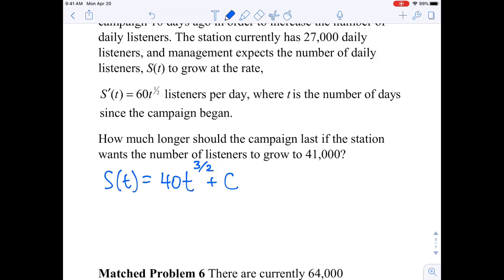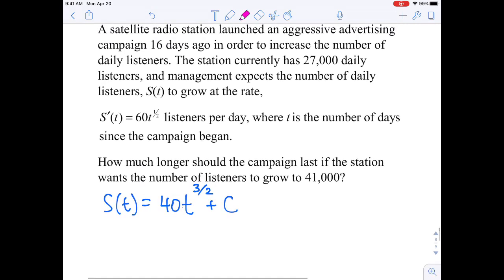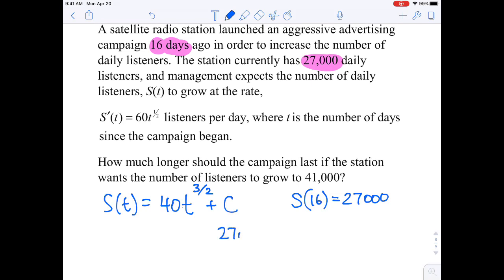Okay, it says that at 16 days, we had 27,000. So S at 16 is 27,000. So now we can find C from that.